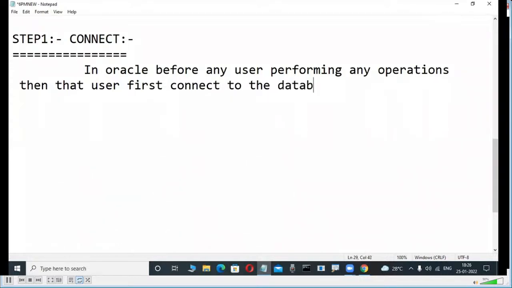Database means server. Connect to the database by using a client tool. I'm drawing this diagram, don't worry. Client tool. I will tell you an example also.